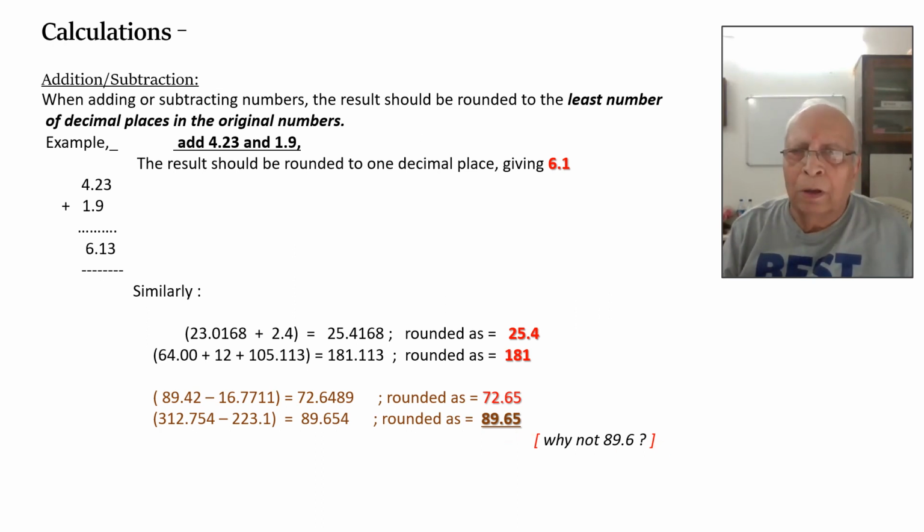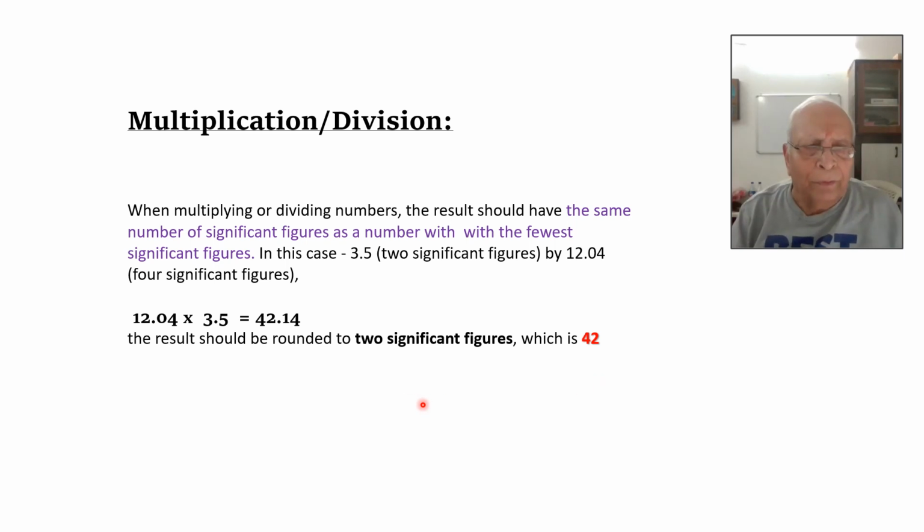Now let us go through multiplication and division. Same rules are followed here again. Number of significant figures should be the same as the number with the fewest significant figures. Now 12.04 multiplied by 3.5, we find that 3.5 has two significant figures. So we have to limit our answer to two significant figures, although the answer is 42.14 as per calculation.